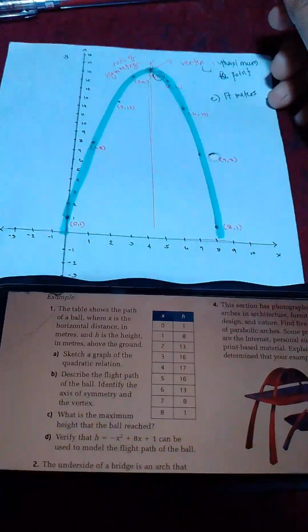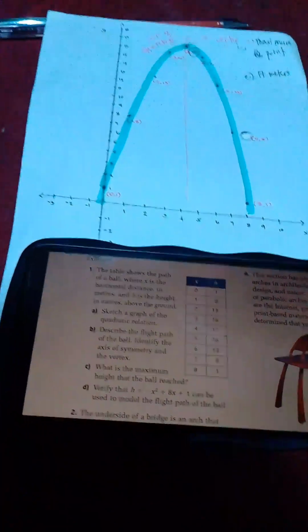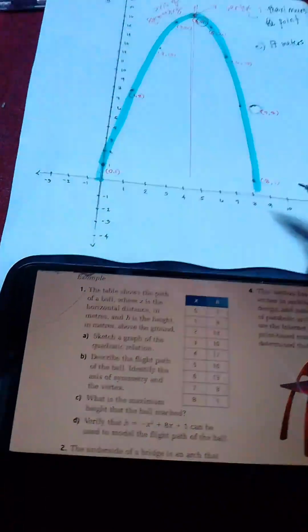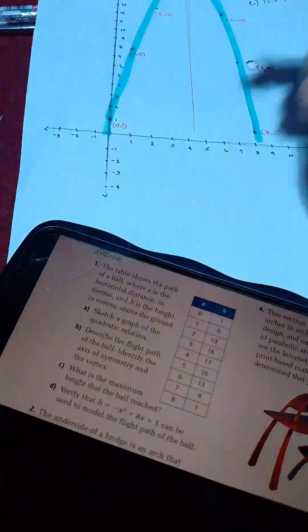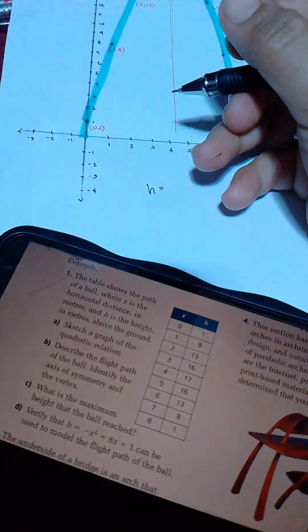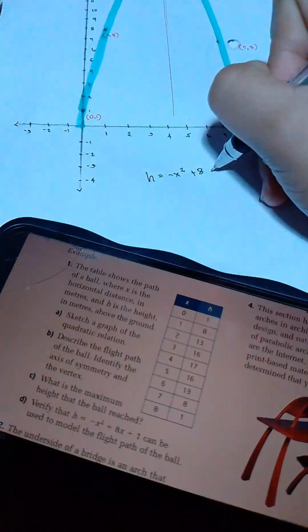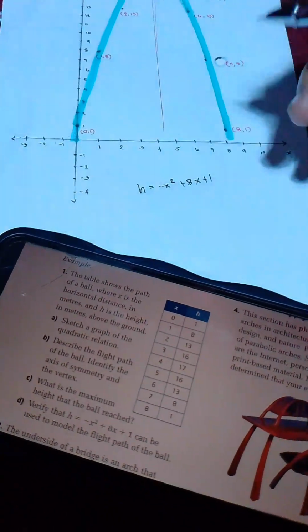Now letter D, verify that h equals negative x squared plus 8x plus 1 can be used to model the flight path of the ball.